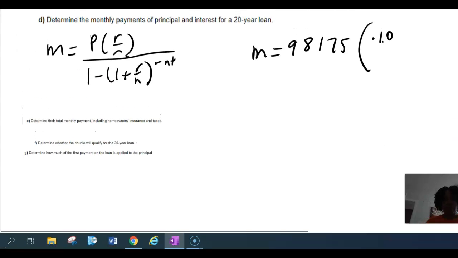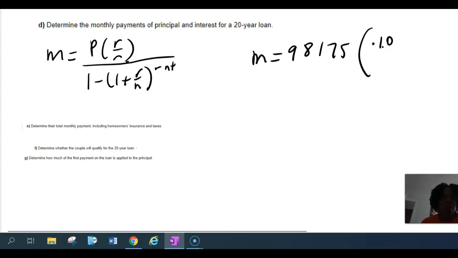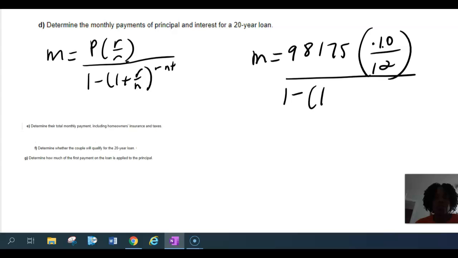Okay. 12 payments in a year divided by 1 minus 1 plus 0.10 over 12 to the negative 12 times how many years? 20 years.